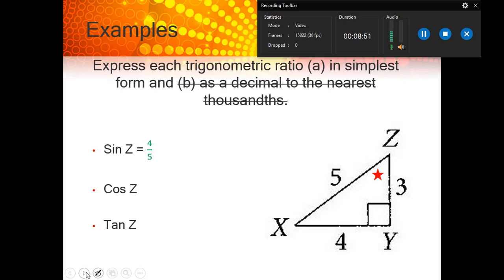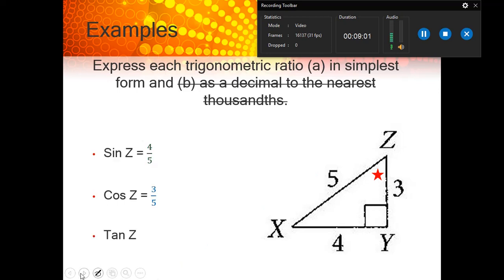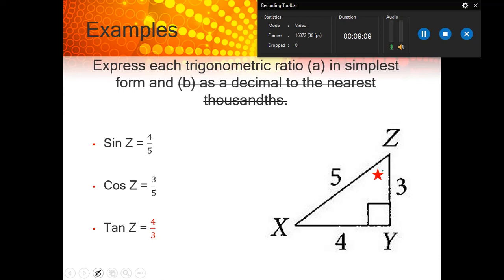Cosine, caught another hobo, adjacent over hypotenuse. Adjacent is 3, hypotenuse is 5. The ratio is 3 to 5. In tangent, tripping on acid, opposite over adjacent. Opposite is 4, adjacent is 3, the ratio is 4 over 3.